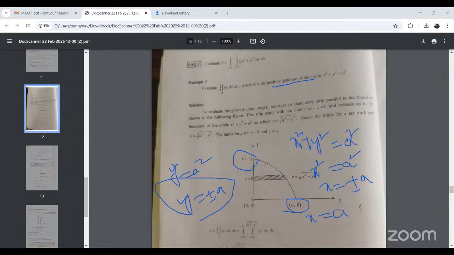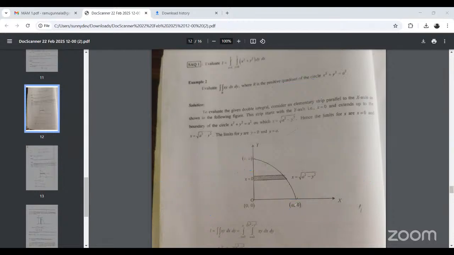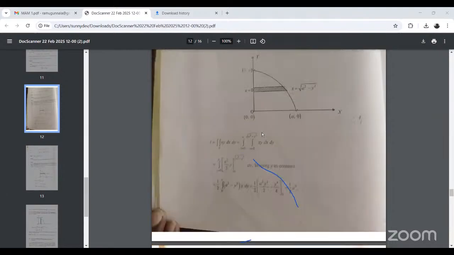But observe one thing here: the y values are changing from 0 to a. So we take y equal to 0 to a. And the x values are changing from x equal to 0 to under root of a square minus y square, for xy dx dy.